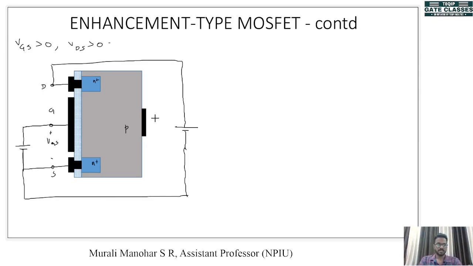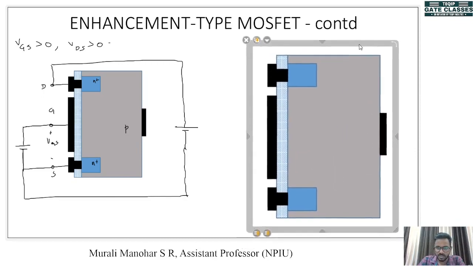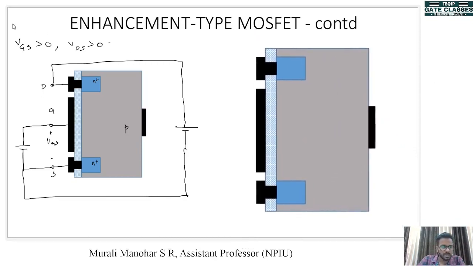Now what happens here is, let me show you the enlarged version. Now the gate is connected to a positive supply. So here we have positive potential. This will attract the electrons in the silicon dioxide layer here.